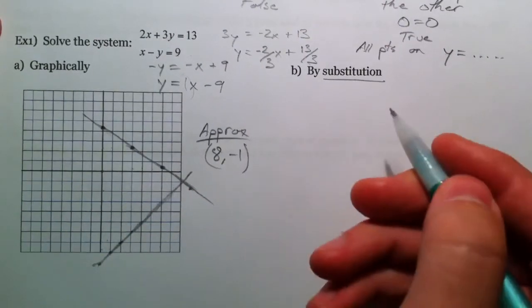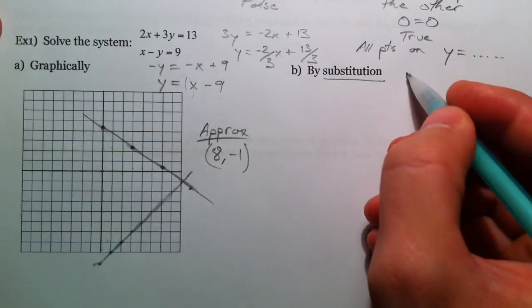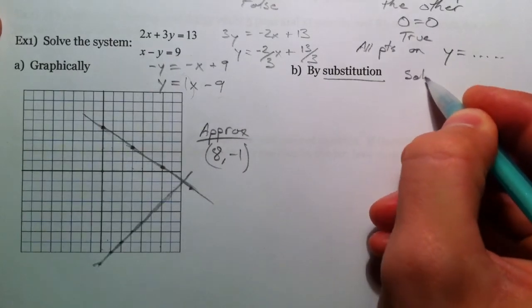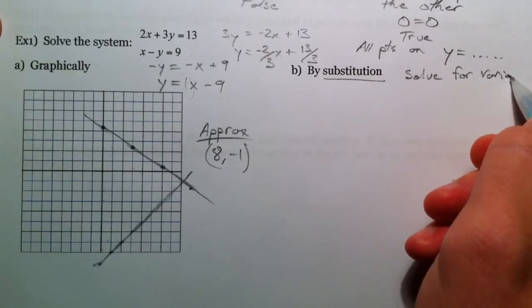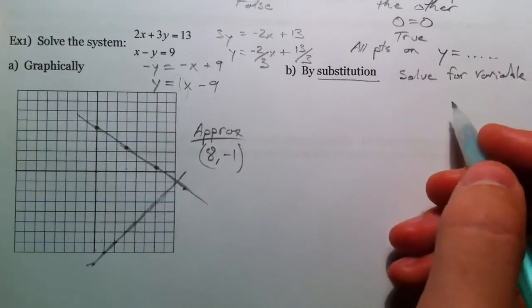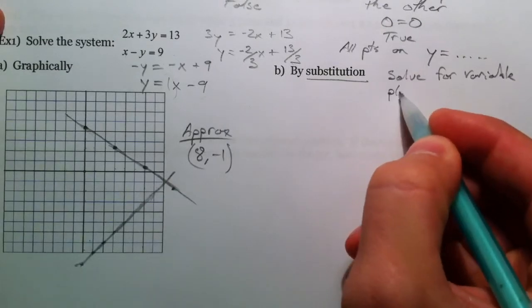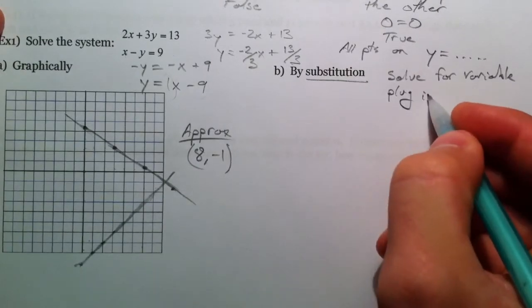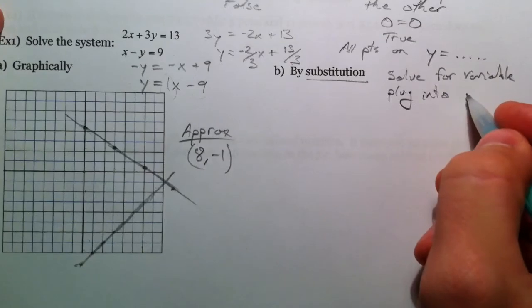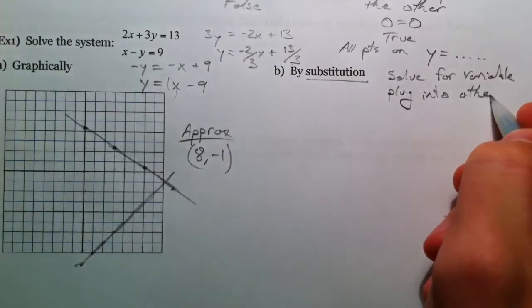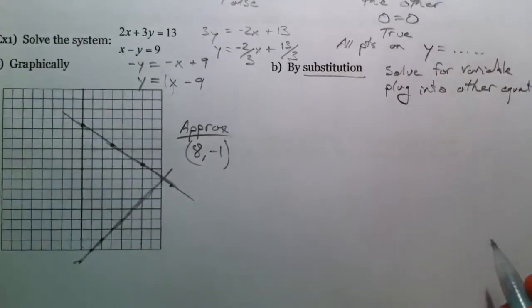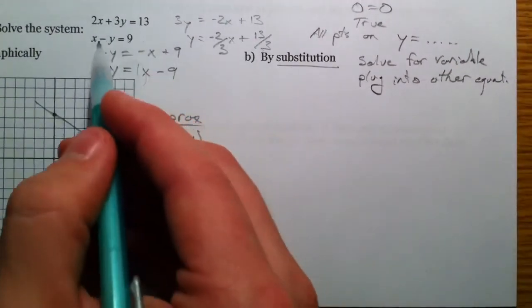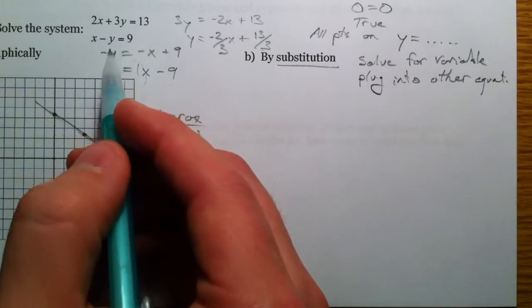Substitution is when you solve for one variable and plug into the other. Solve for a variable, plug into the other equation. Alright, so it's easiest to solve for either x or y in this one.